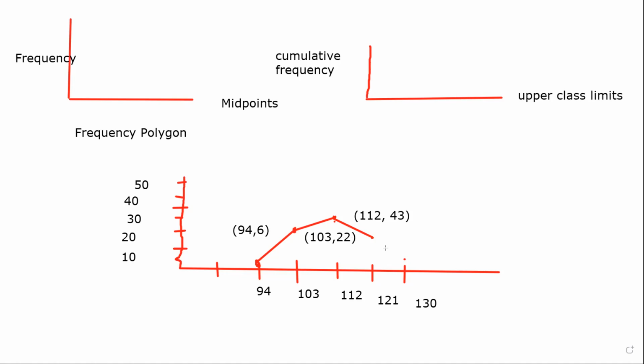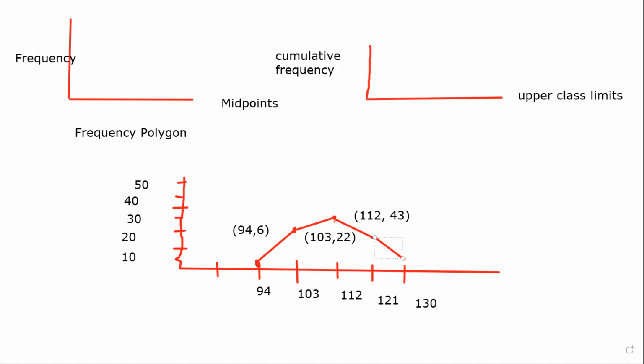And then we have a couple more. Now what we're going to do is we're going to close this. Now, we haven't closed it. This looks fairly close, but remember this was 6. So what we have here is we have to go back.